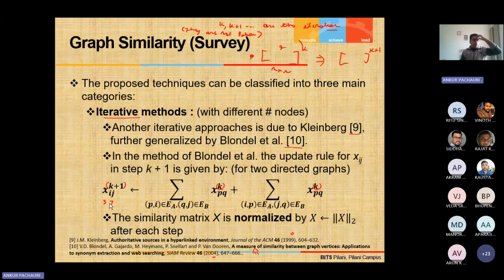That means this is of graph A and this is of graph B. So I have two graphs, A and B, and I'm iteratively updating the values of the similarity scores. I'll answer that question about the initial value later on, but let me explain in terms of this example. I'm trying to find out the similarity score of node 3 of GA and node 7 of GB.